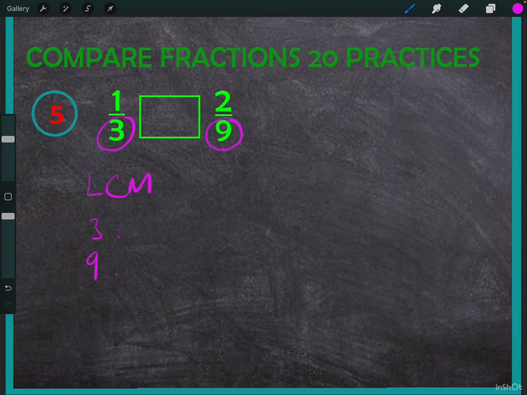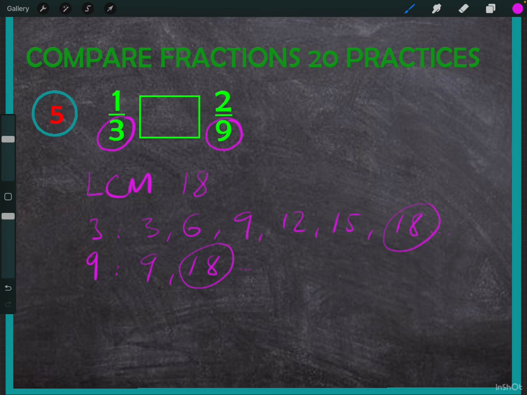First, we find the multiples for number 3. 3 times 1 is 3, 3 times 2 is 6, 3 times 3 is 9, 3 times 4 is 12, 3 times 5 is 15, 3 times 6 is 18, etc. For number 9, we have 9 times 1 is 9, 9 times 2 is 18, etc. We see that number 18 is the least common multiple, or the LCM, of number 3 and number 9.